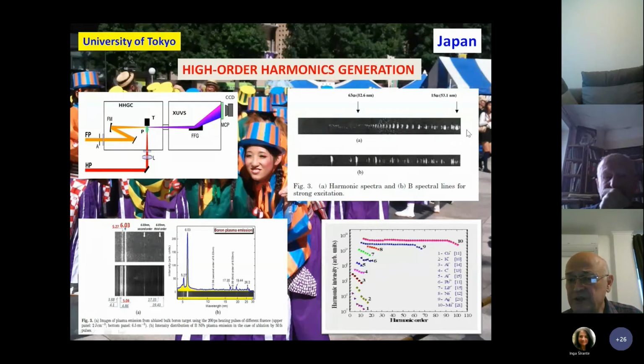This is the first XUV spectrum when high order harmonic generation was obtained up to the 63rd order of the titanium sapphire laser.